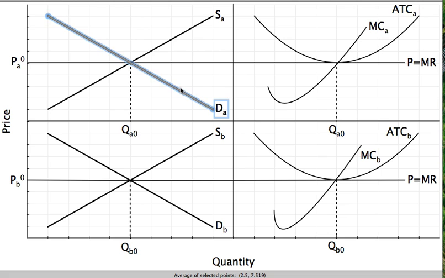So let me just cut and paste a new demand curve in here, and let me shift it up to here.